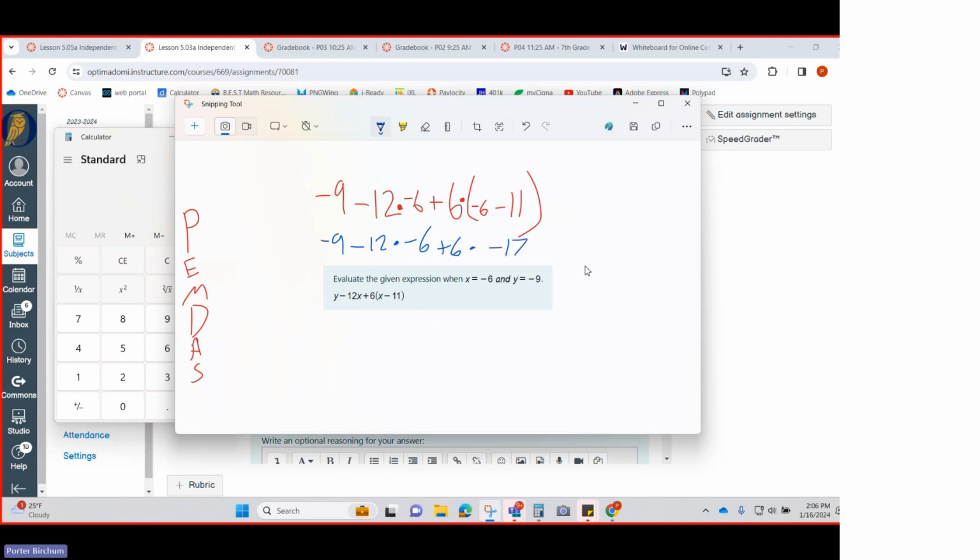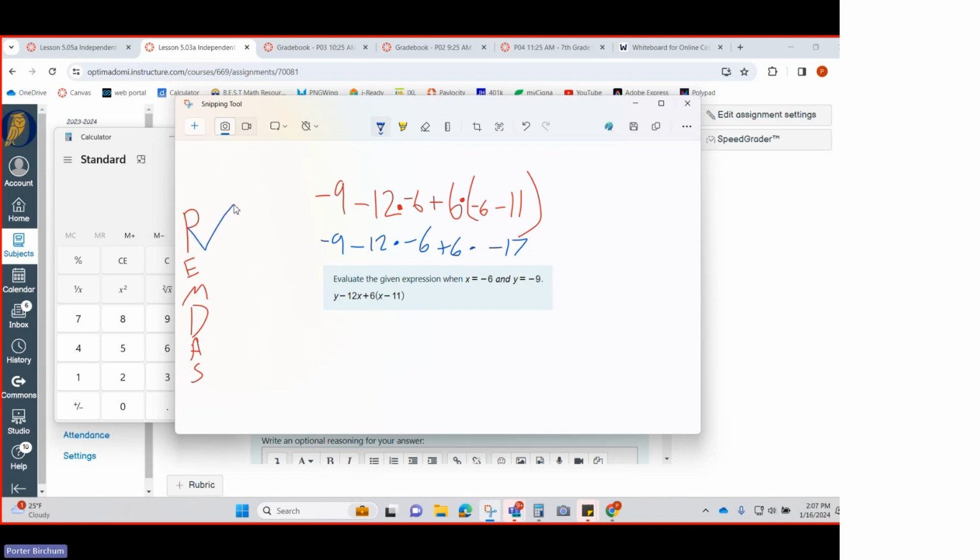The parentheses can disappear because we took care of the operation signs in there. Don't need the parentheses anymore because nothing is trying to skip the line. Now I see a minus sign, a times sign, a plus sign, and a times sign.